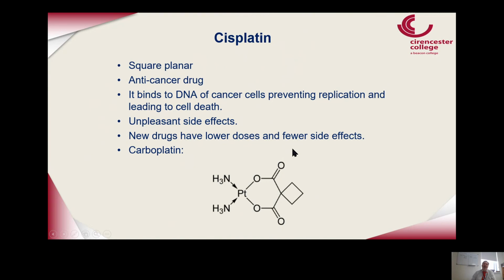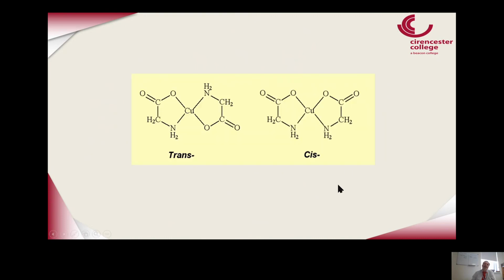And it must be that this drug, cisplatin, binds to the DNA because of its shape. And you saw the difference between the trans and the cis version. Okay, so therefore it's the cis version that has the appropriate shape to fit with DNA for quickly replicating DNA.